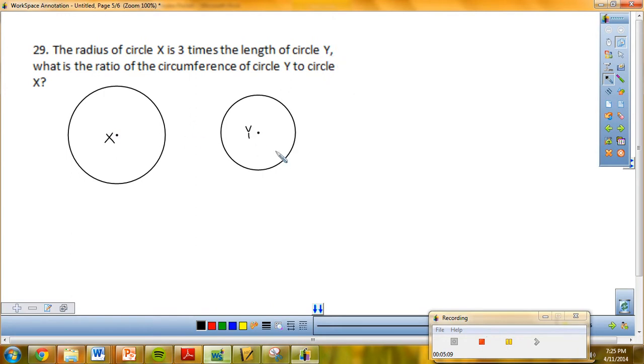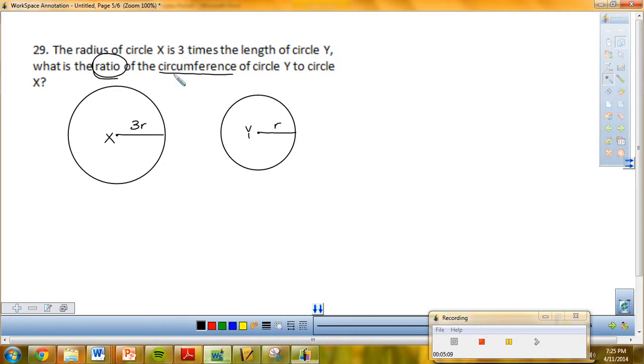So they're saying Y has a radius. They don't tell me what it is, but I know this circle Y has a radius. I also know that X has a radius, and that radius is 3 times bigger than the radius of Y. So we could say 3r. They want us to compare the ratio of the circumference of the circle.